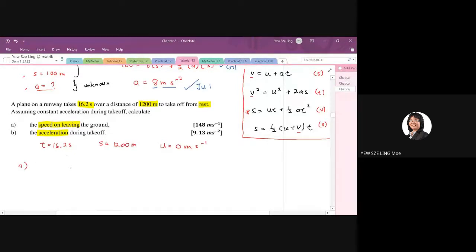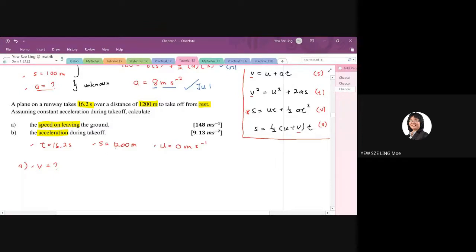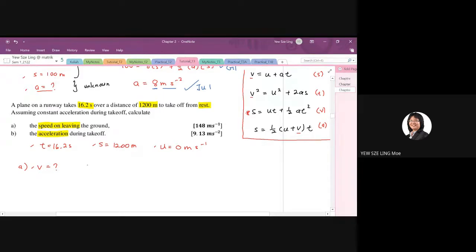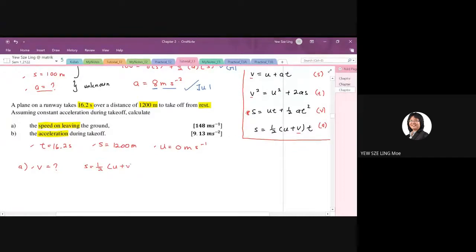Question A asks you to calculate the speed on leaving the ground. So that is your v. v is unknown, so which equation to use? If you look at the information given, we have t, s, u, and we want to find v. Which equation contains all these 4 variables? Obviously the 4th equation. So we're going to use s equals 1/2 (u plus v) t.